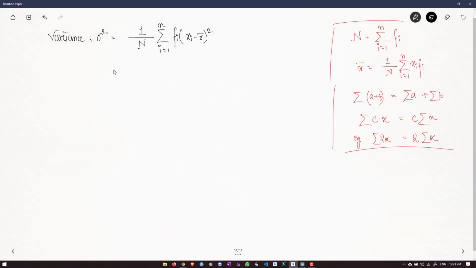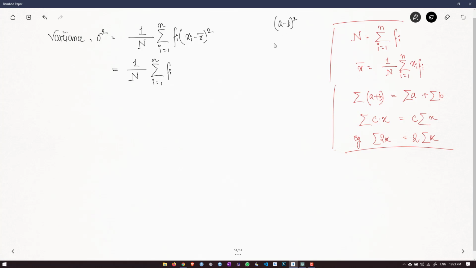So let's get back to here. So this is equal to, we will keep the first term 1 by n the same. Next, 1 by summation i goes from 1 to n fi. Now this thing, we can consider as a minus b whole square. Now what is a minus b whole square?